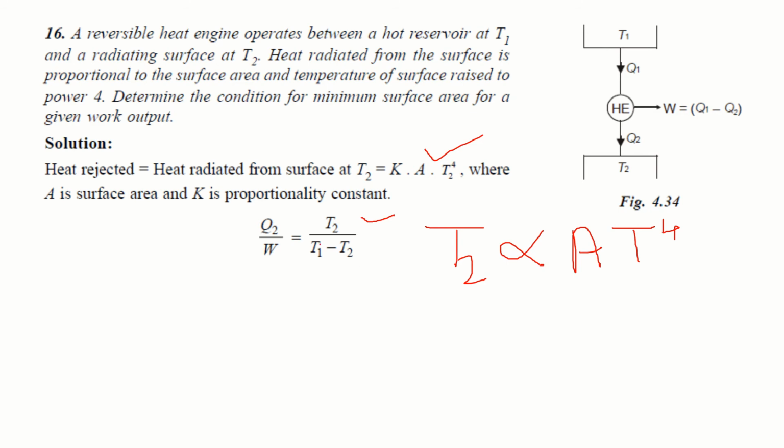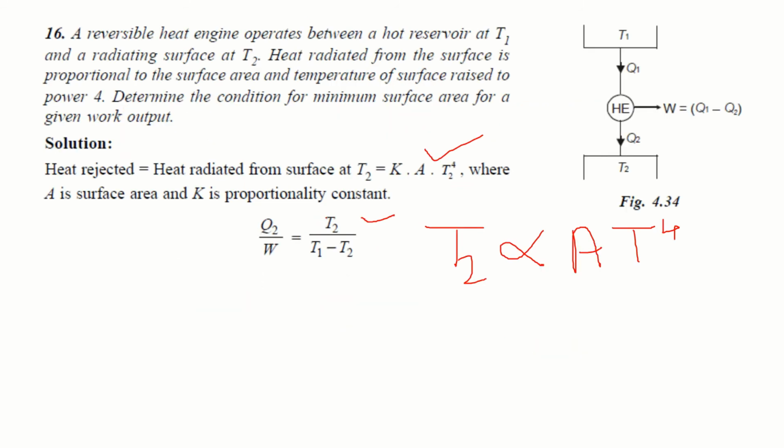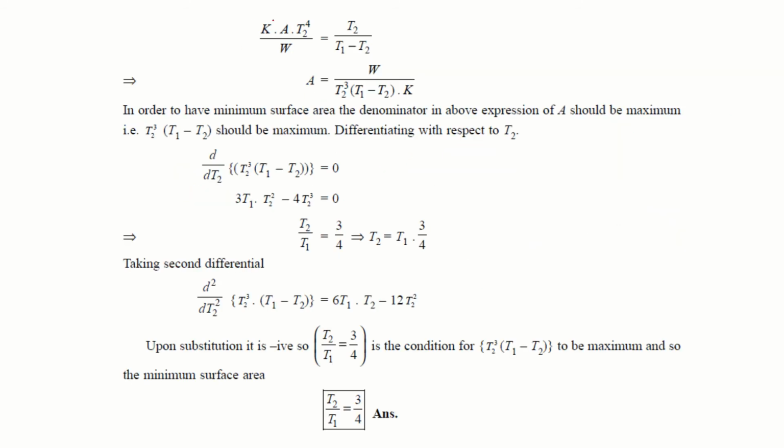Correct? I can write like this. Now Q2 value you know. This is given. This is given. Now this is known. Then from this I can find out surface area.